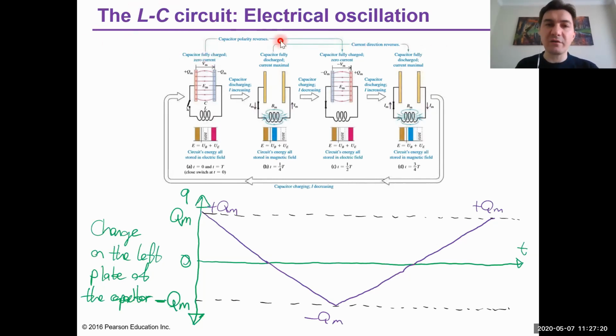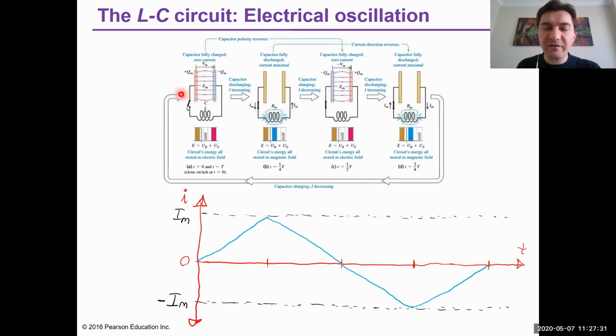But the important information here is that we have considered that the resistance of the wires and the resistance of the inductor is zero, okay? This is the ideal condition. For this reason, there is no energy dissipated due to the resistance of the wires and the inductor. Do you have any question here with that part?